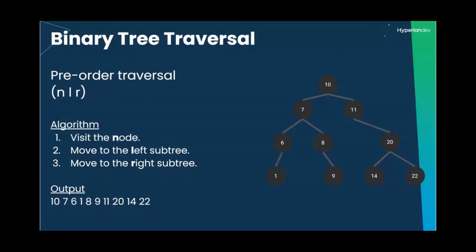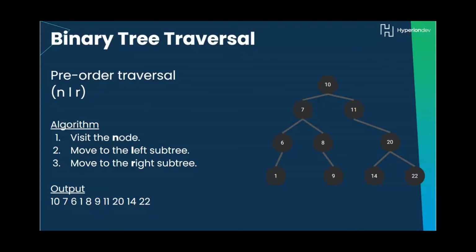So now we go from 10 to 7, and we note that 7 still has N, L, and R. The first thing we need to do at 7 is visit the node, so that's why we have 7 in our output. The next step would be to move to the left, so we go down to 6.